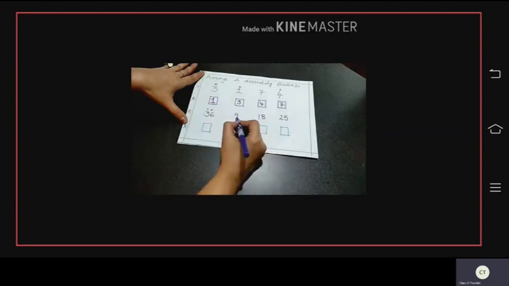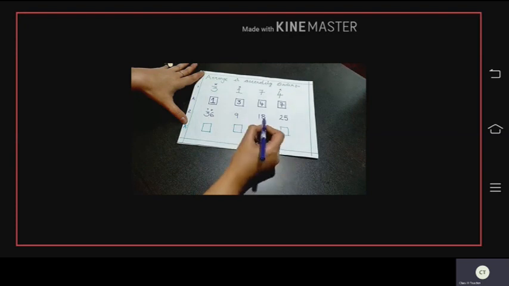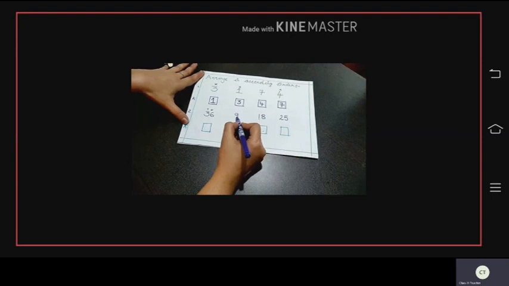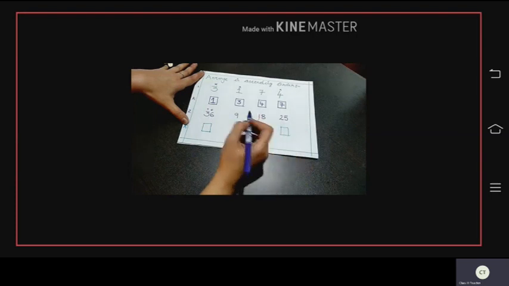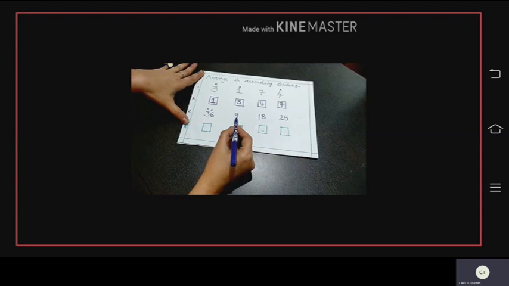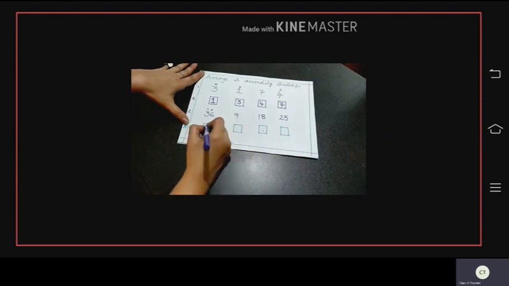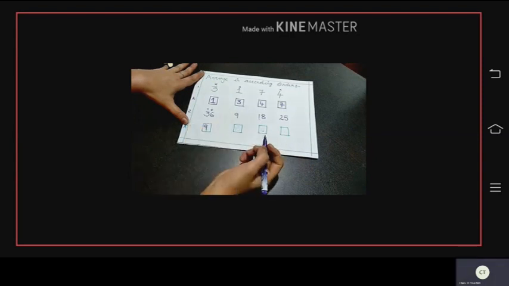Ayyo, this number is a single digit number. This is a 2-digit number and the last number is also a 2-digit number. One thing you have to know, a 1-digit number is always smaller than a 2-digit number. So what we have to do now, which is the smallest number here? The single digit number is the smallest number. So I'll write 9 here. So this is done.